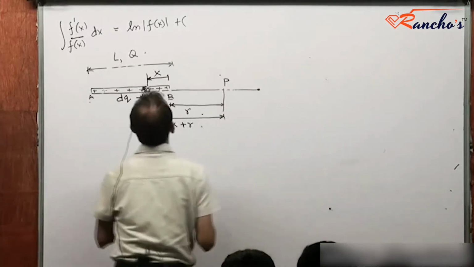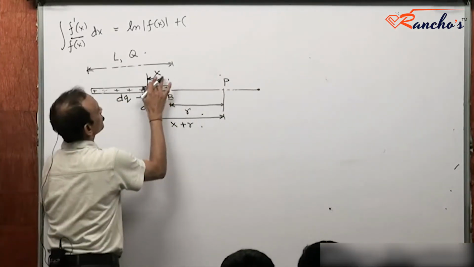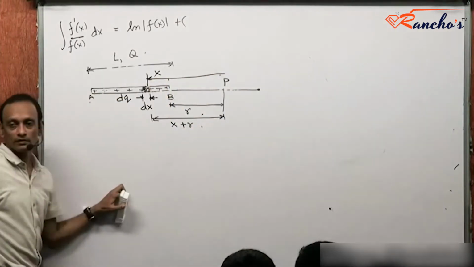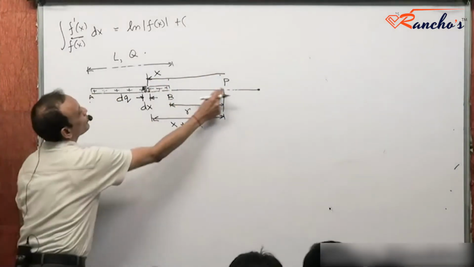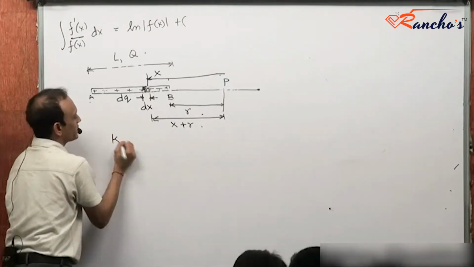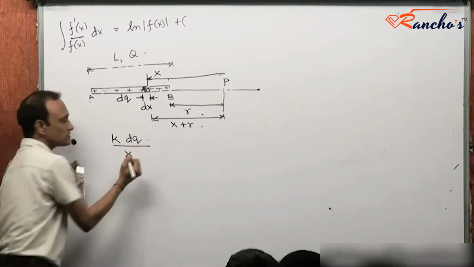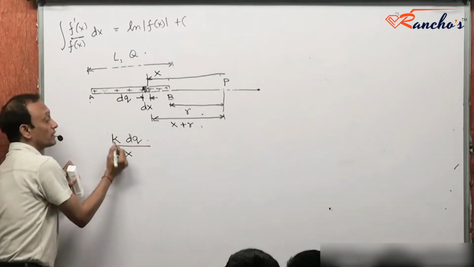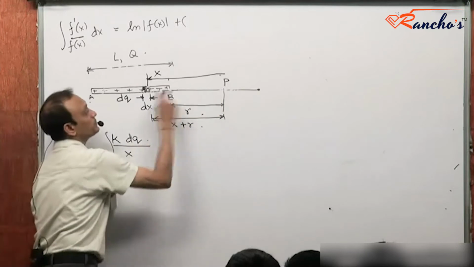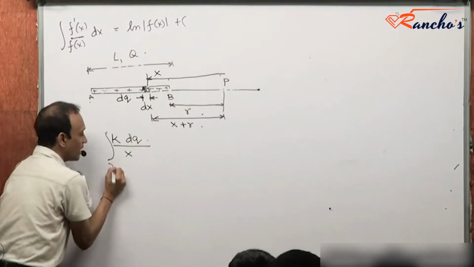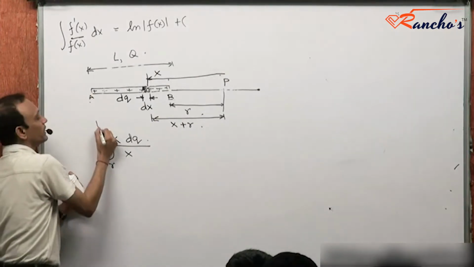Now, this x, select it from here. Now what will happen? Potential at P because of this is going to be k times the charge on this dq divided by x. That's the potential at P because of this. Now x at B would be r, x at A would be L plus r.